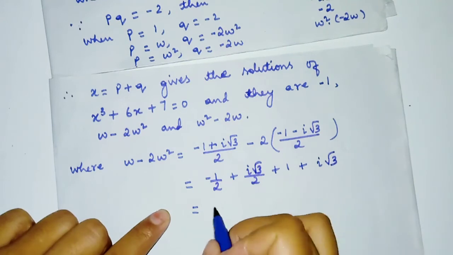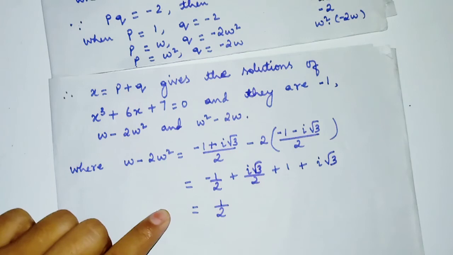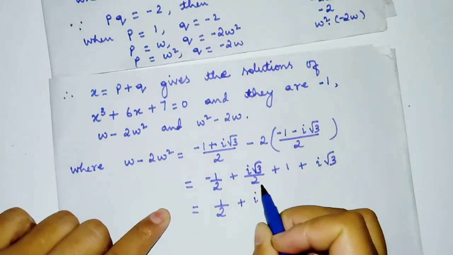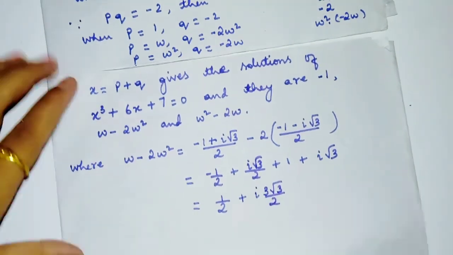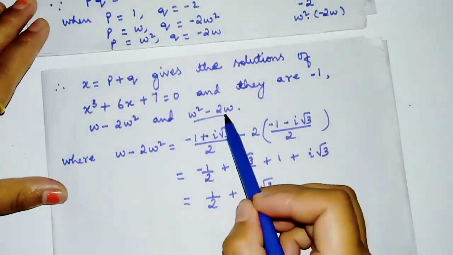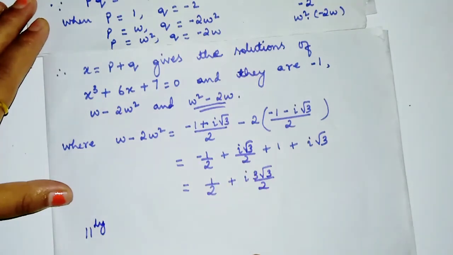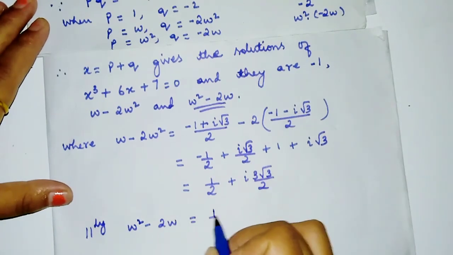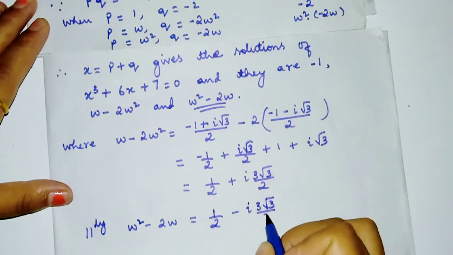So if we solve this, we get half plus i 3 root 3 by 2. In a similar way, for this one, put the values of omega square and omega respectively, we get half minus i 3 root 3 by 2.